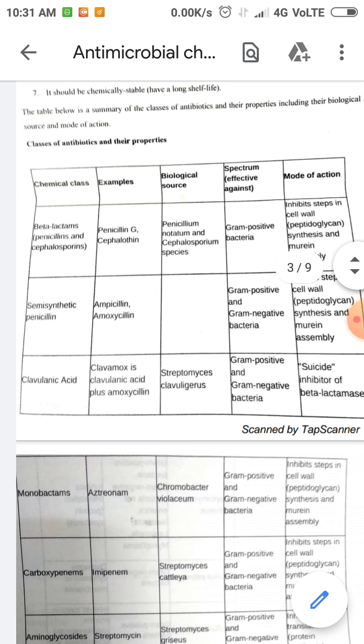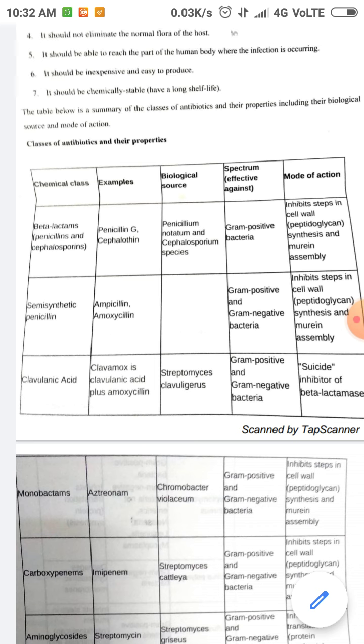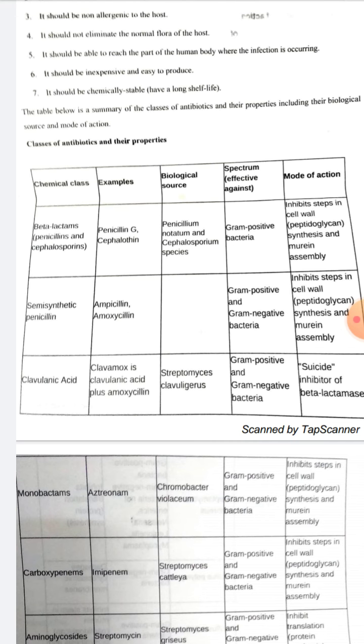So the chemical class: penicillin and cephalothin, it is beta lactams. It is cephalosporin actually. So beta lactams, that is penicillin and cephalosporin, are derived from Penicillium notatum and Cephalosporium species, and are effective against gram positive bacteria.